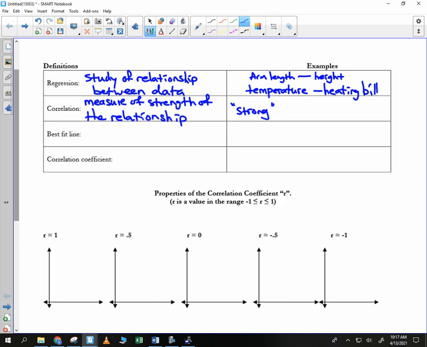Strong, weak, no relationship. Those are very vague words. In mathematics, we don't like vague terms. We like a precise definition. And so we subscribe to something else, which is your correlation coefficient.